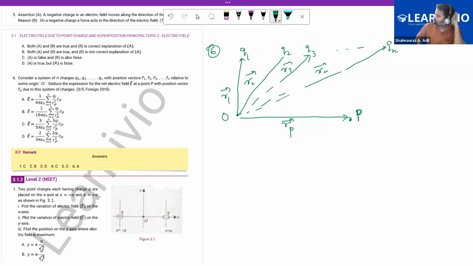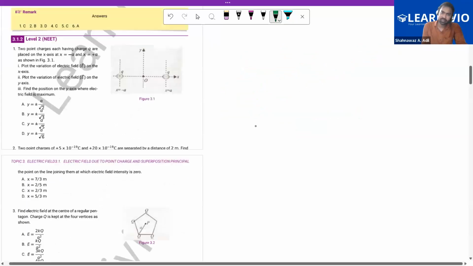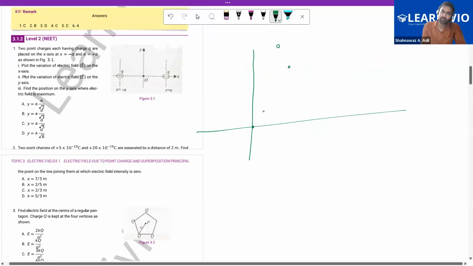Okay, so forget about all these diagrams. Let's say this is some X and Y. Let's think about one charge only, right? So let's say this is some charge Q. This is some R, right?